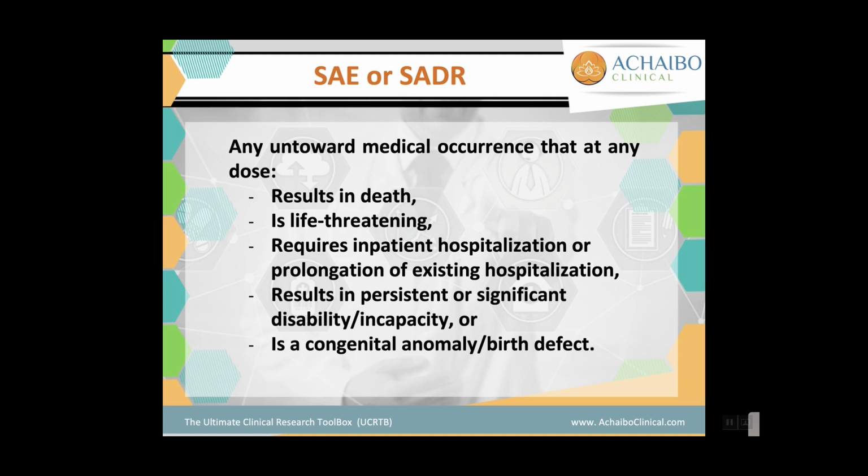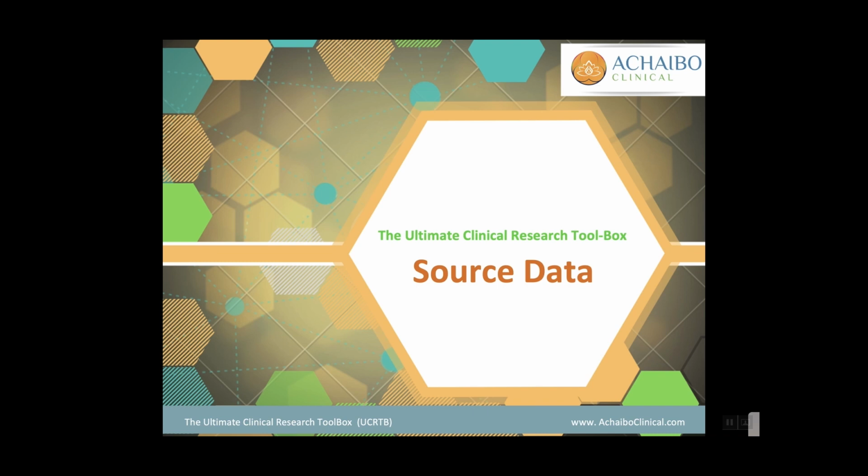So it's life-threatening, maybe they were in a situation where they had a heart attack, and it caused them to go to the hospital for a number of days. So it's basically that event that caused them to be hospitalized, and it was life-threatening. And in some cases, one event can result in all of these. So that's something you want to pay attention to.